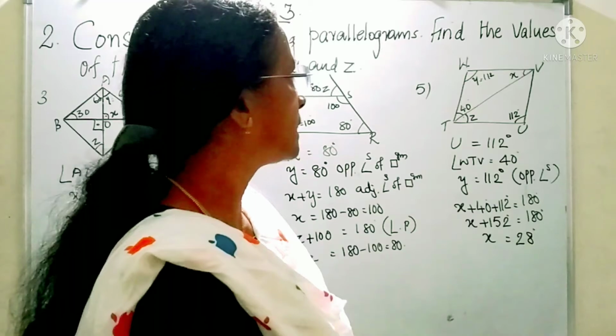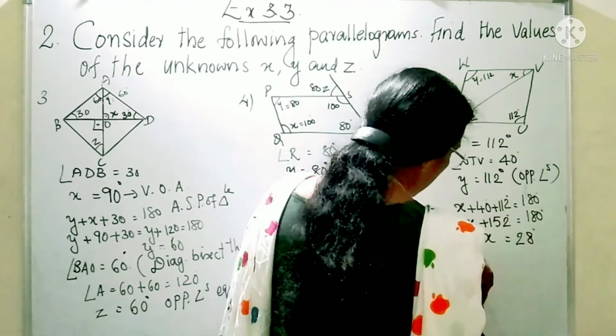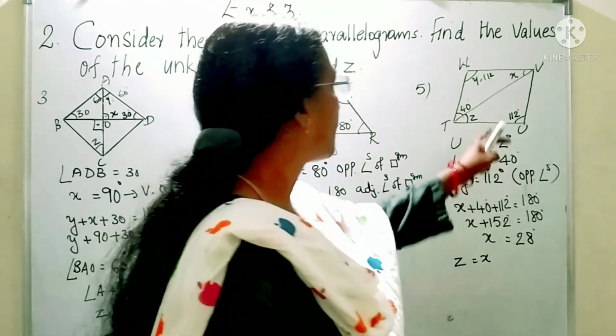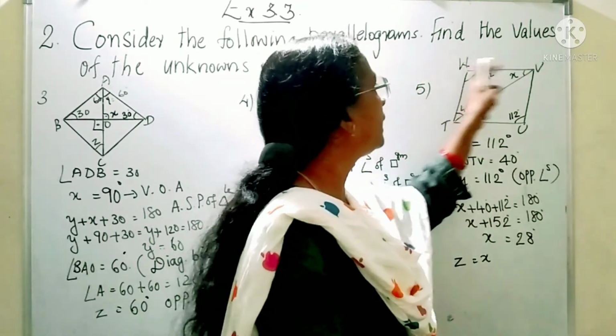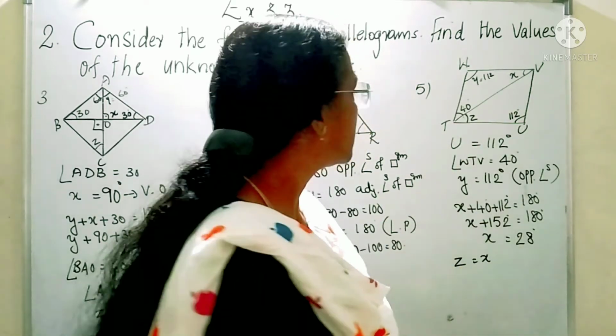You got the value of X as 28. Now Z is also equal to X. Why? X and Z are the alternate angles formed when these two parallel lines are cut by the transversal.